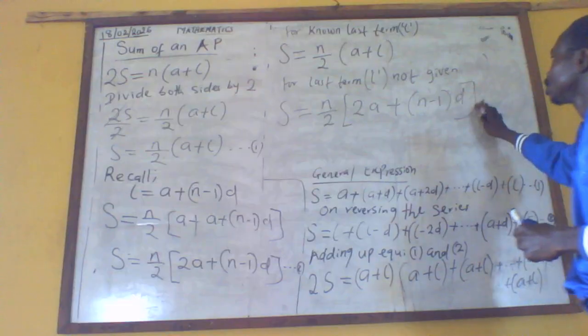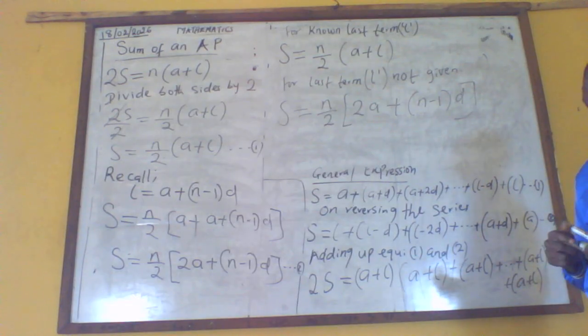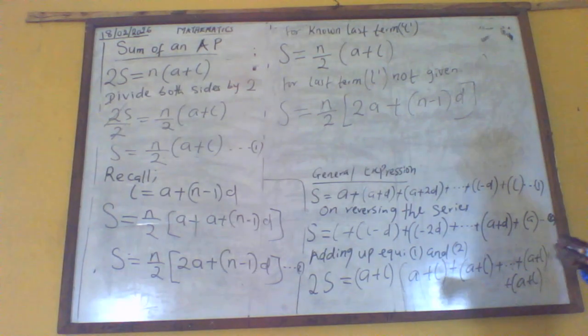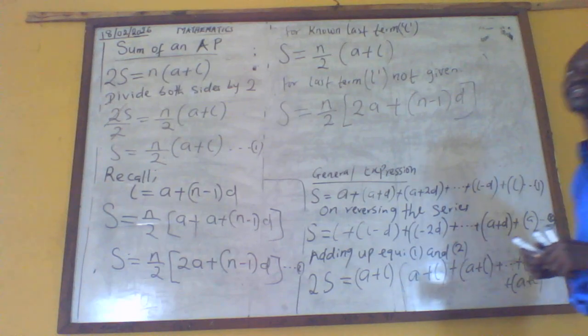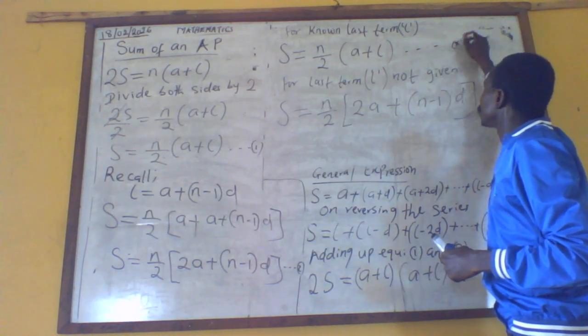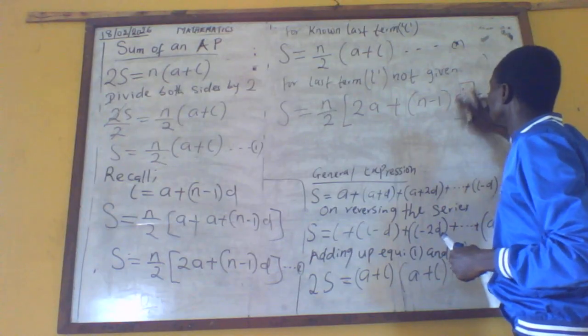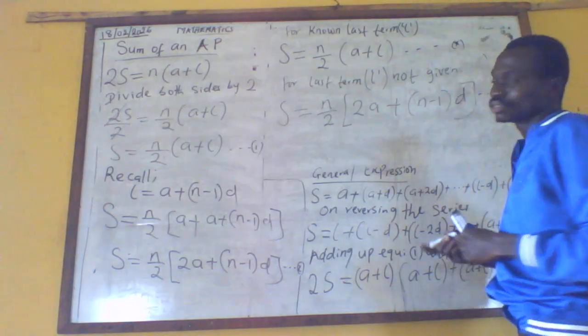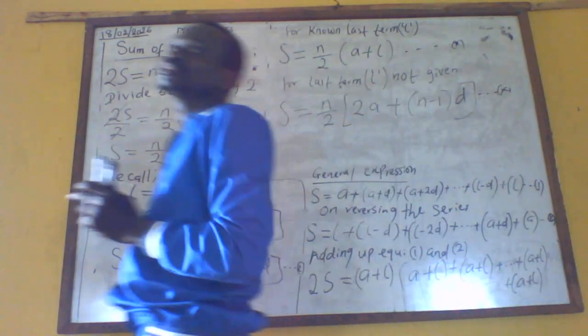So I think that is that. So that also satisfies the other question that says we should derive a general expression. So take note of this and this. So this is D. Okay, I think that makes sense.